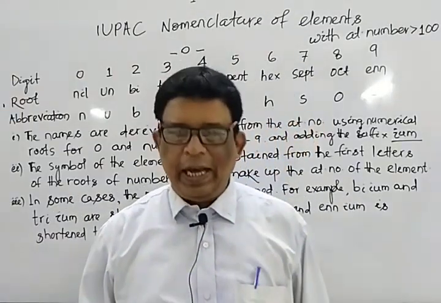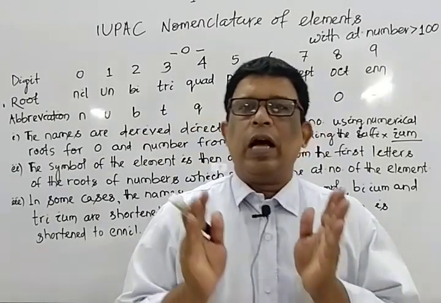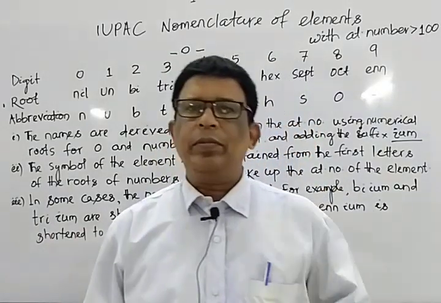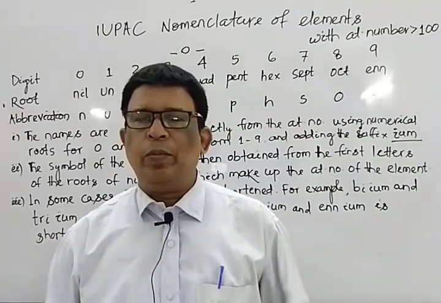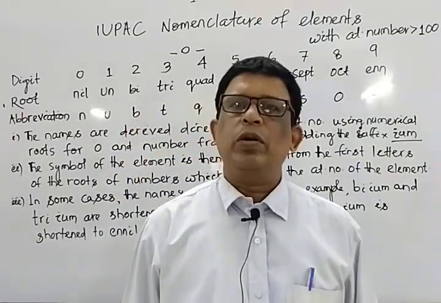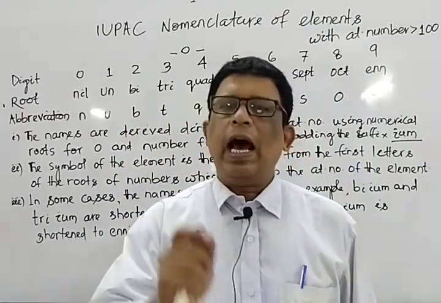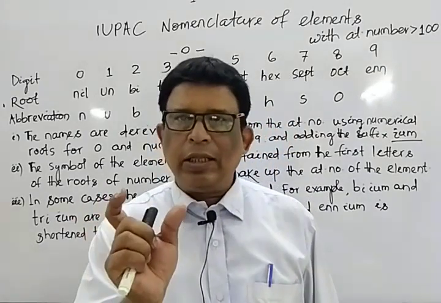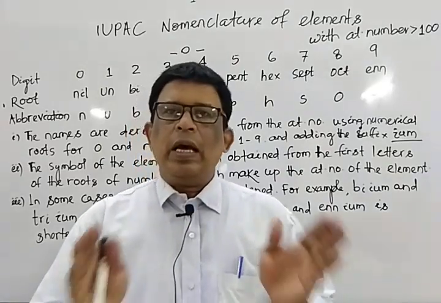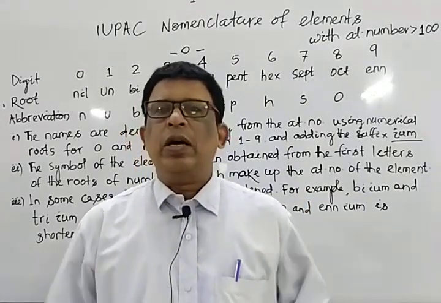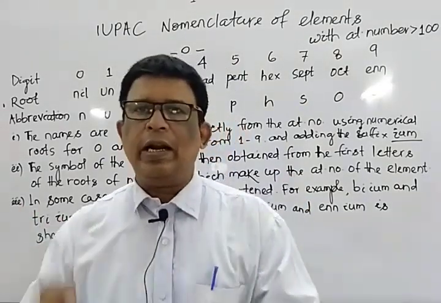Mark that, I repeat again. The IUPAC recommended name is derived from the atomic number by using some root words and adding the suffix IUM. And in some cases, the name is also shortened.